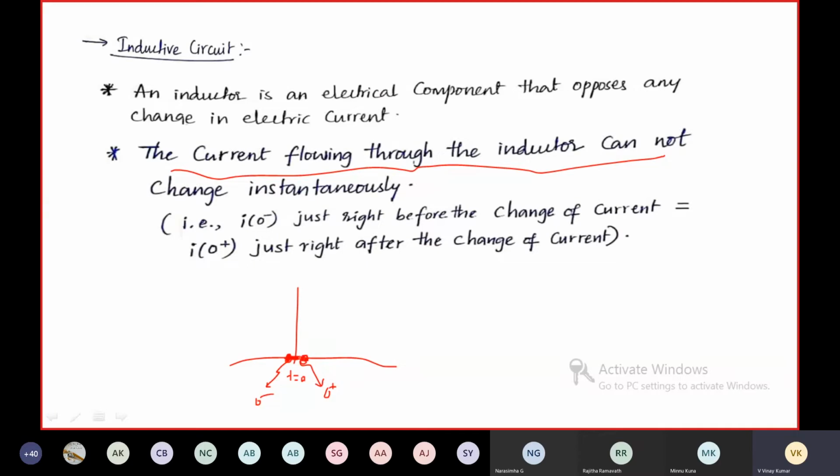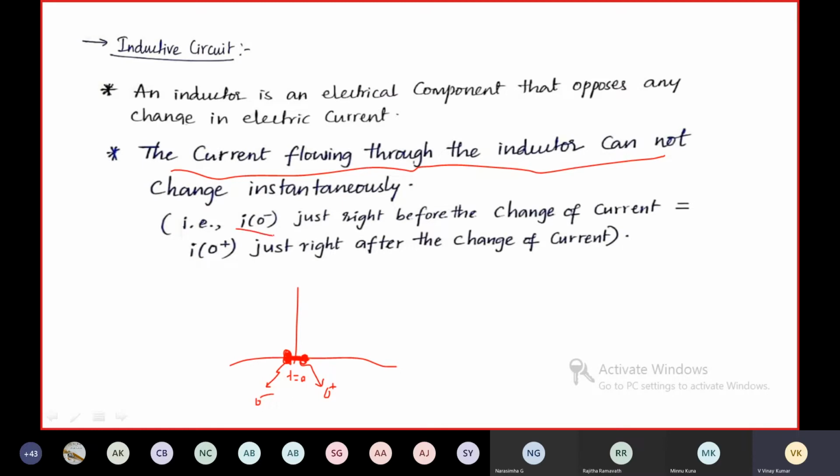Time from 0 minus to 0 plus is almost 0 time, and within that 0 time the current doesn't change. Whatever current is available at t is equal to 0 minus is equal to the current at t is equal to 0 plus.